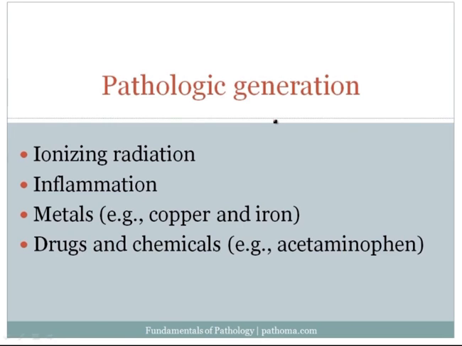Basically, oxygen is acted on by an enzyme. Do you remember the name of that enzyme? It's important for biochemistry, high yield for examinations. The enzyme is called NADPH oxidase, and NADPH oxidase takes oxygen and converts it to superoxide.